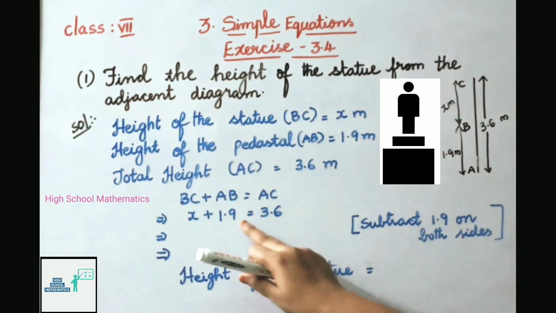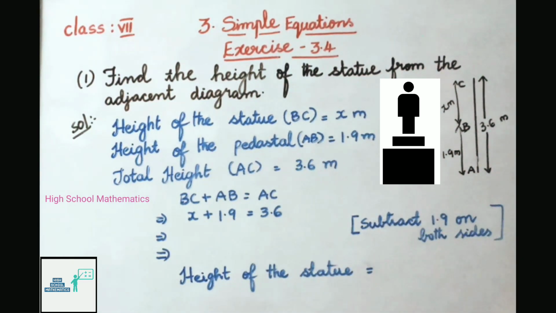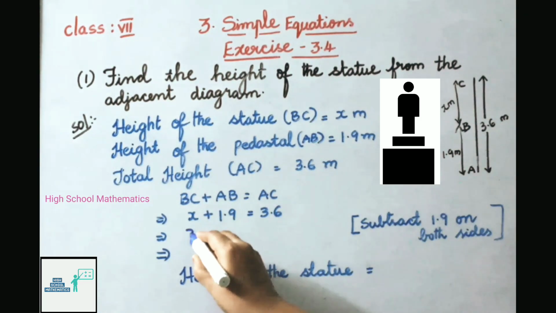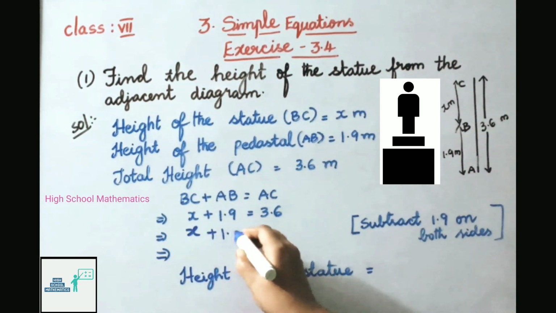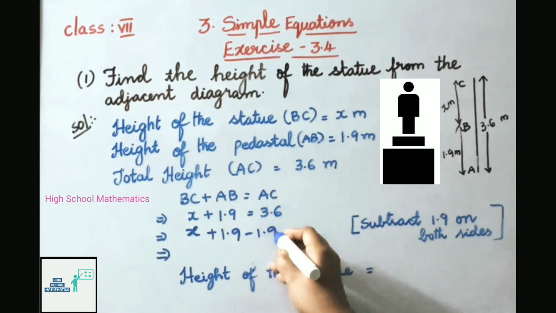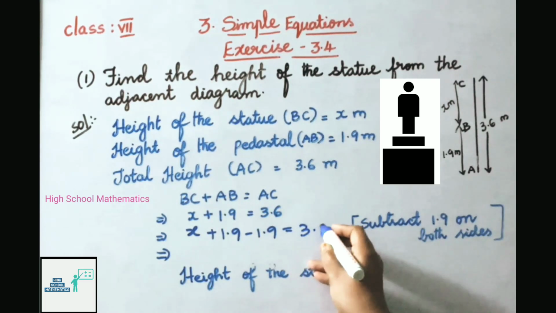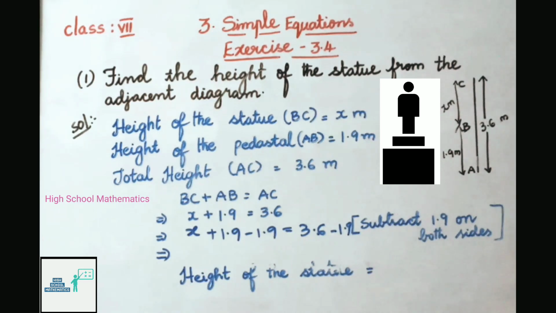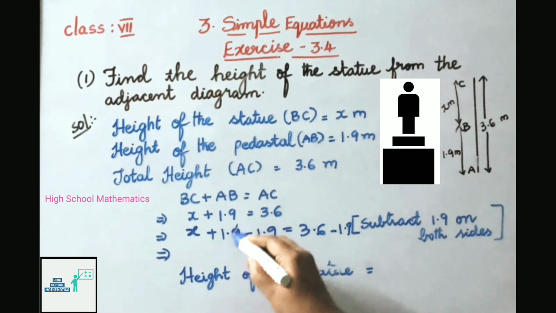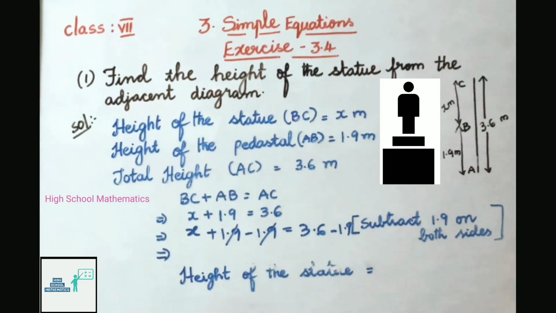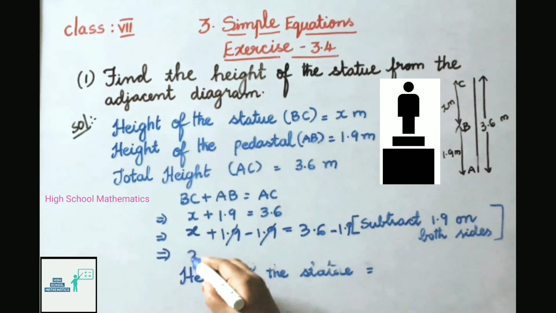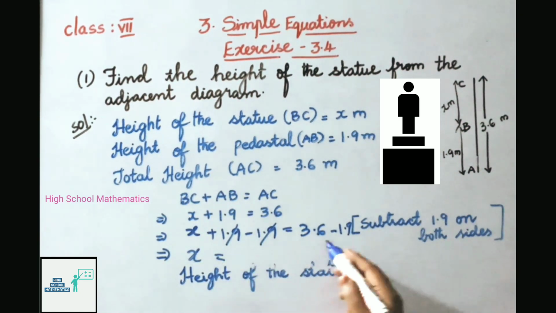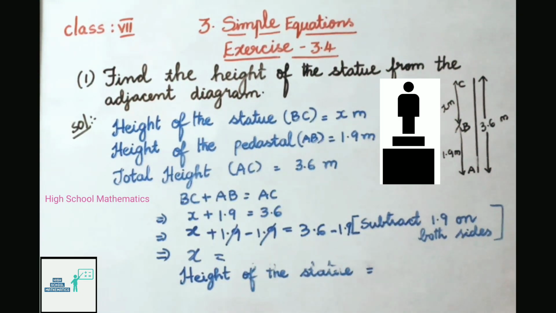Now we have to subtract 1.9 on both sides. Let us write now. x plus 1.9 minus 1.9 equals 3.6 minus 1.9. Plus 1.9 minus 1.9 cancel. Write down x equals, we have to do subtraction here.